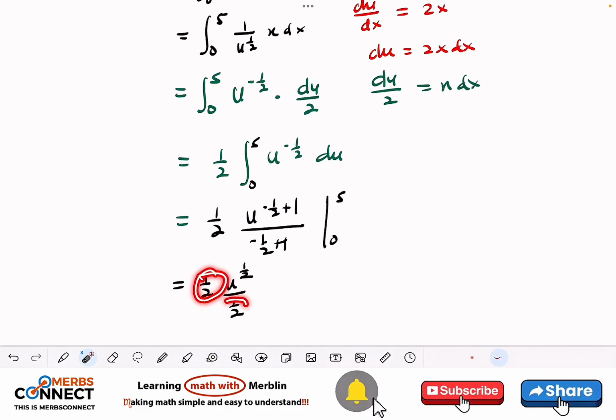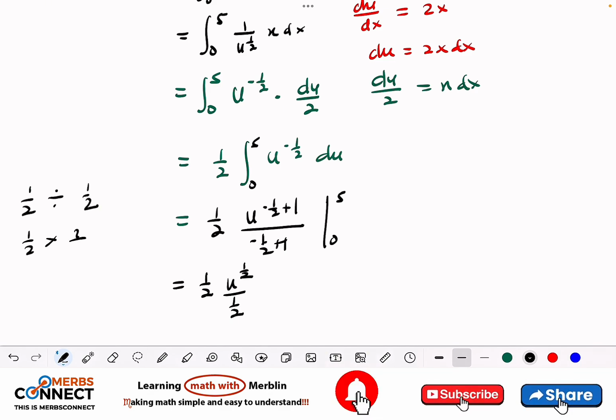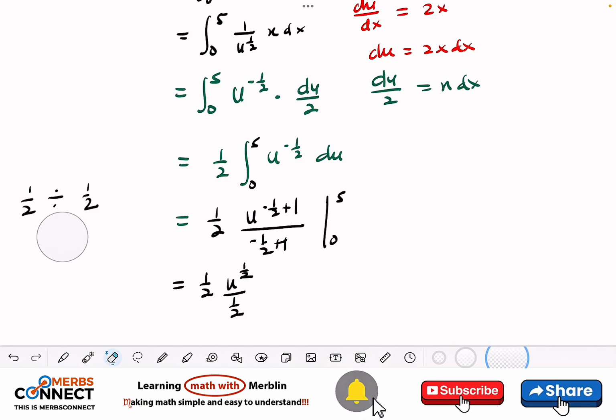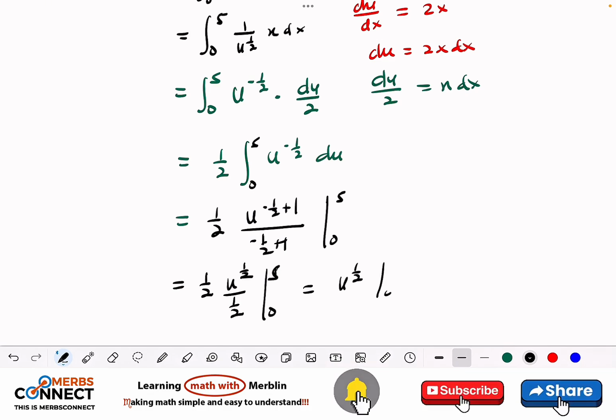So 1 over 2 divided by 1 over 2 is 1, because like a divided by a is supposed to give us 1. So it's like 1 over 2 times 2 over 1. This cancels that, this cancels. So we are going to get 1. So here is going to give us just u to the power half, right, from 0 to 5.